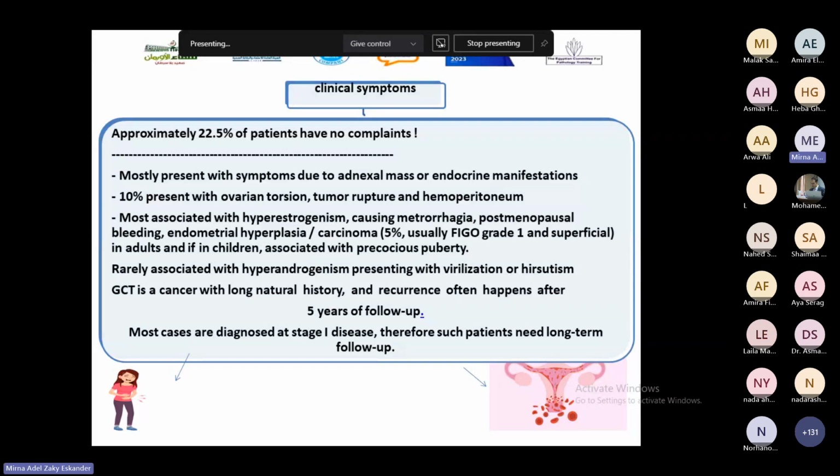So GCT is a cancer with a long natural history, and recurrence often happens after 5 years of follow-up, as in our patient, where it occurred 20 years after the removal of the ovary. So most cases diagnosed at stage 1 disease need long-term follow-up.